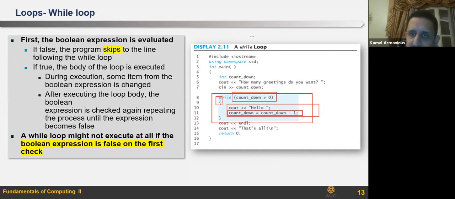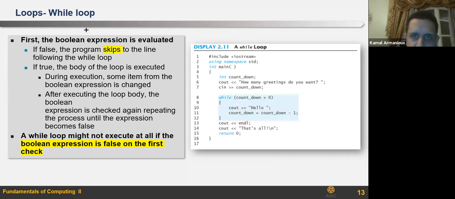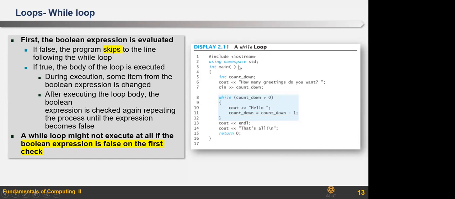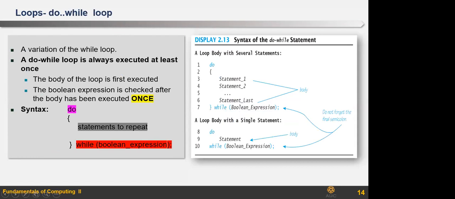Anna. So Anna, what is the difference between the while loop and the do while loop? In the do while loop, the loop will be executed at least once, but in the while loop, code may not be.